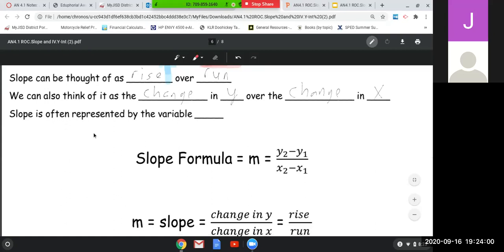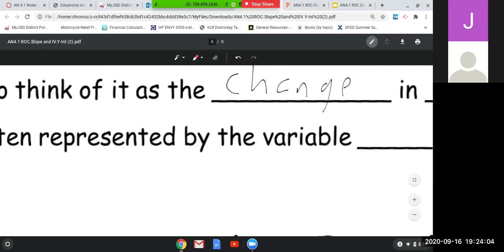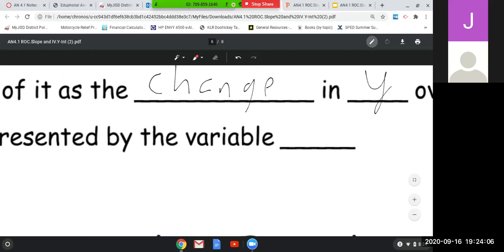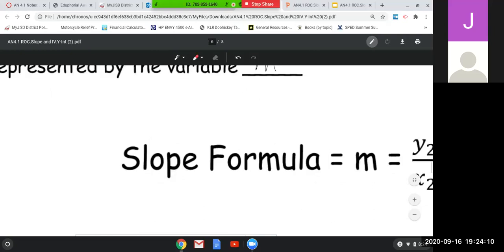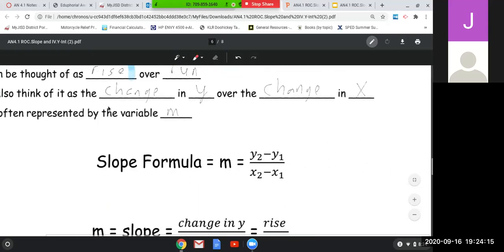And we often represent slope with the variable m. Okay? So we've got this formula, the slope formula. M stands for slope, and that's this right here. We've got two y coordinates. We're going to take the difference of the y coordinates, and we're going to put that over the difference of the x coordinates.